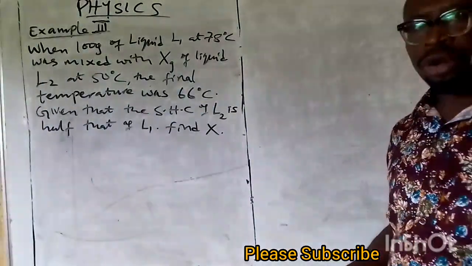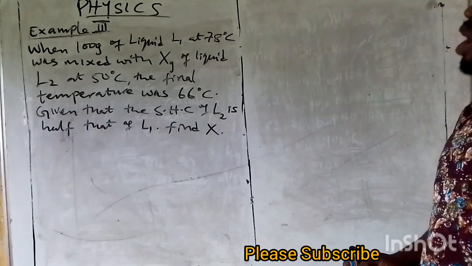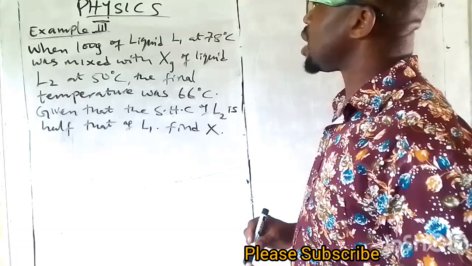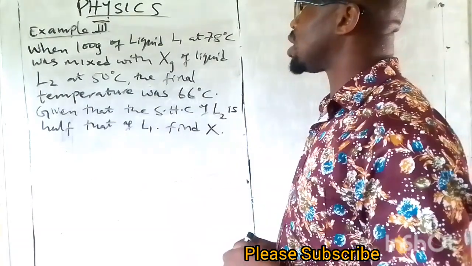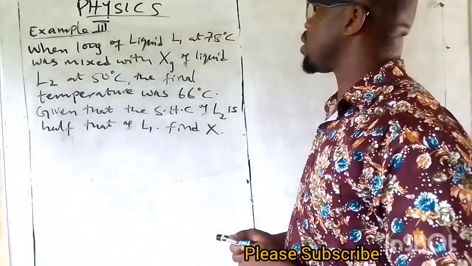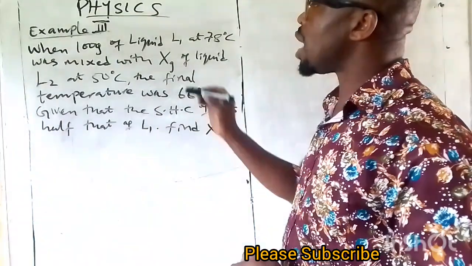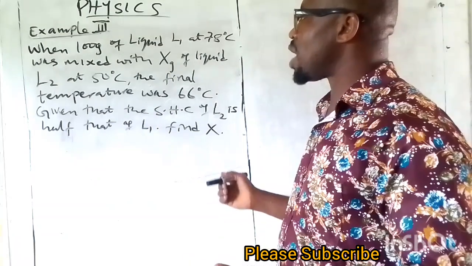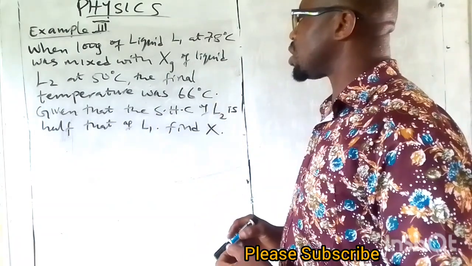Example 3. 100 grams of liquid L1 at 78 degrees Celsius was mixed with X grams of liquid L2 at 50 degrees Celsius. The final temperature was 66 degrees Celsius.